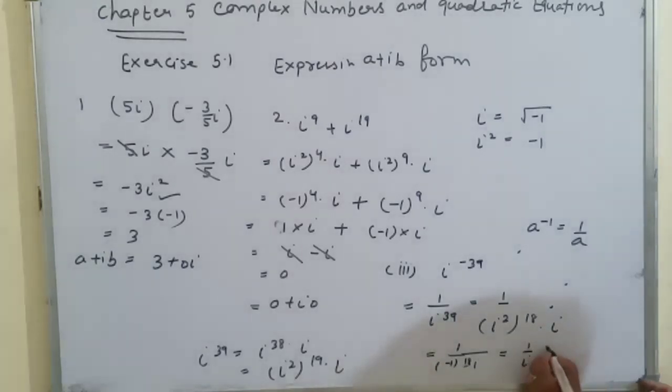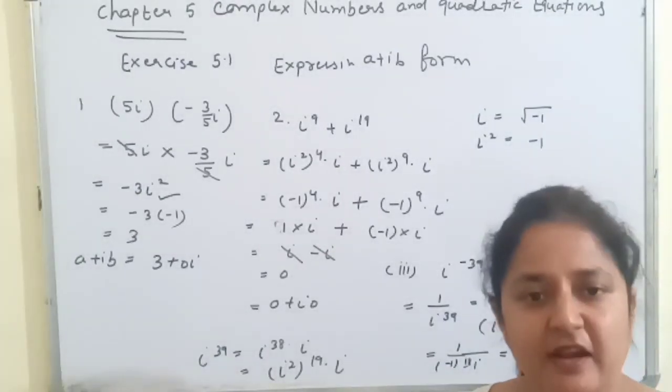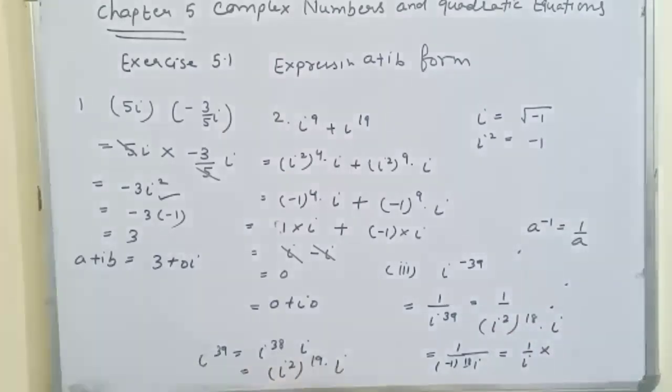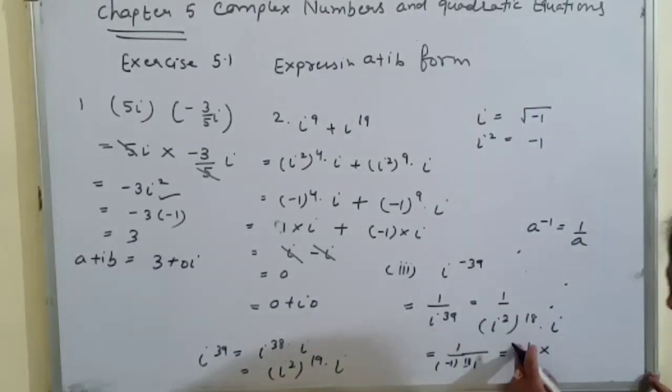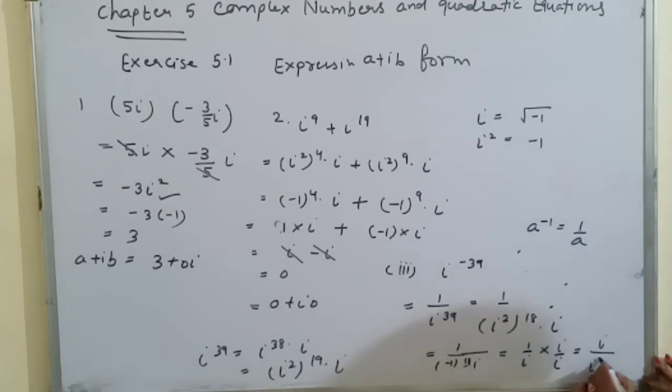We can't keep a square root value in the denominator. Similarly, in the case of a complex number, when iota is in the place of the denominator, we will rationalize it. So after rationalization, 1 upon iota into iota upon iota: when we multiply iota by 1, it becomes iota, and iota into iota is iota square.